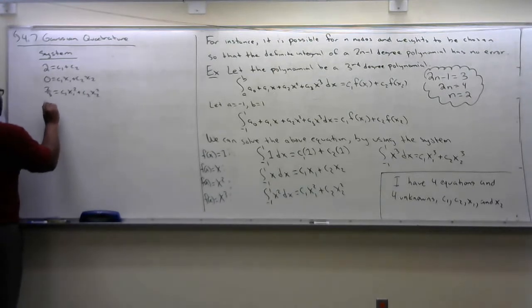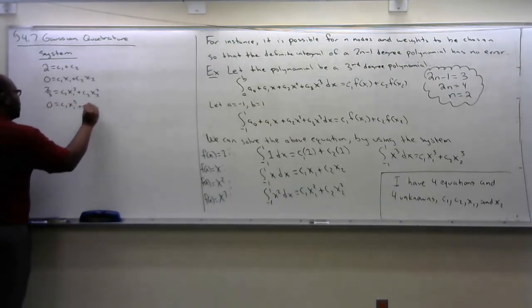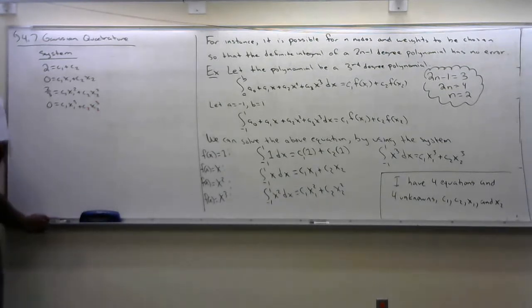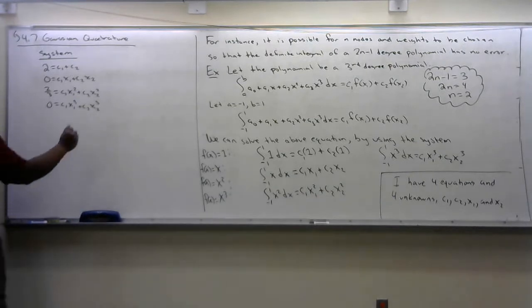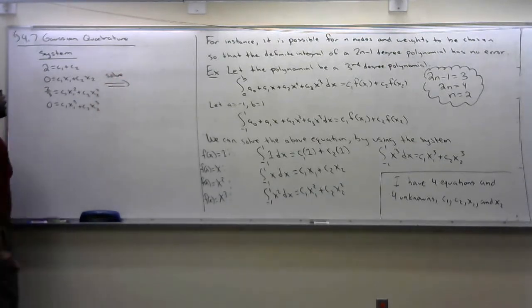And the last one, 0, is C1 X1 cubed plus C2 X2 cubed. And so what do I get when I solve this system? Right, solve it using my calculator. You can too.